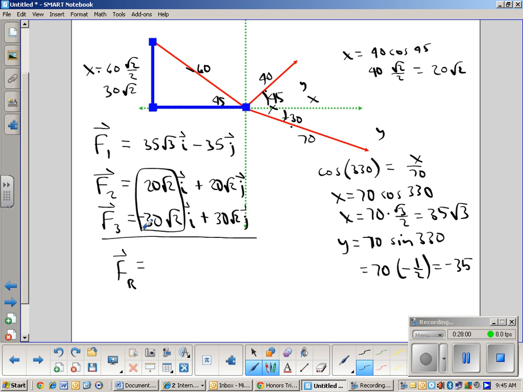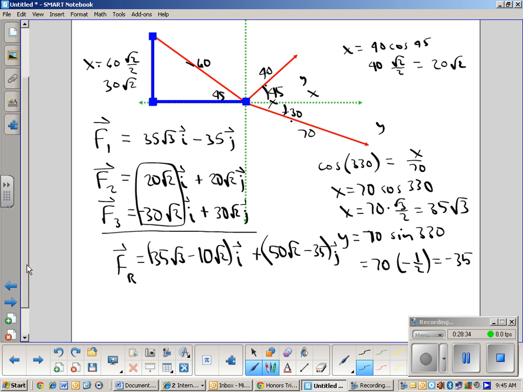So I'm going to get 35 square root of 3 minus 10 square root of 2 i plus 50 square root of 2 minus 35 j, right? So those are my components.